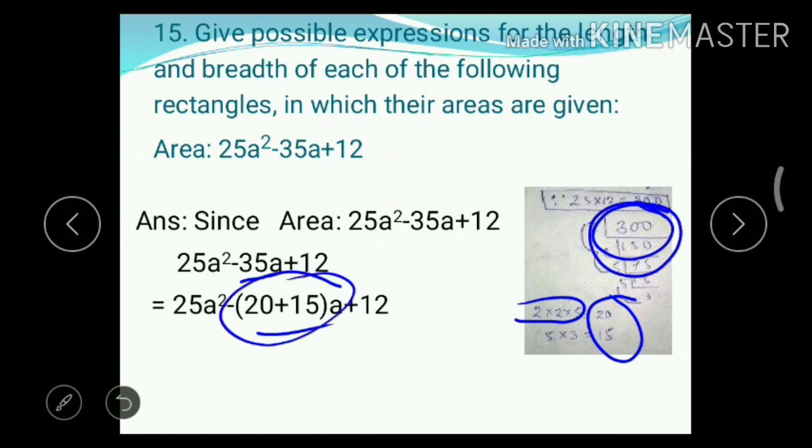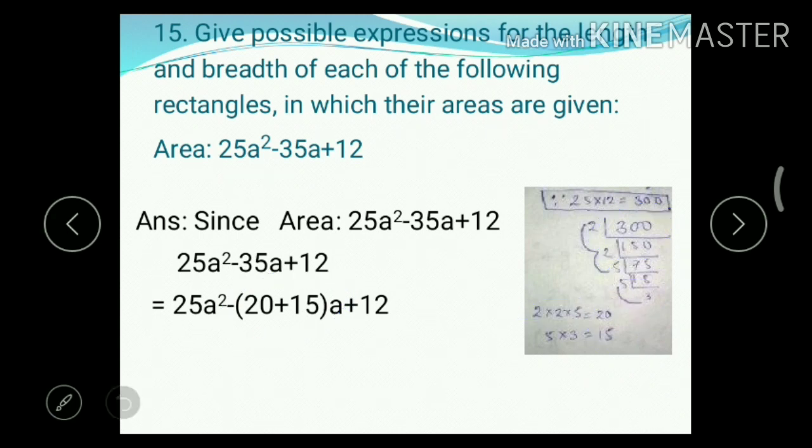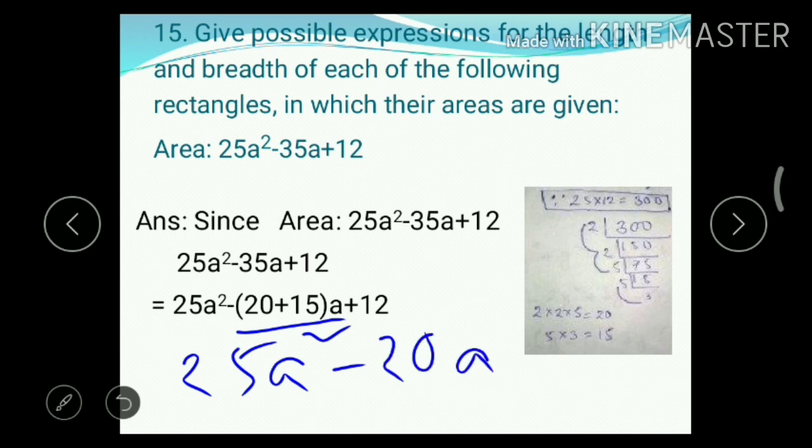Now here we shall remove the bracket, and we shall get 25a square minus 20a, then again minus, because minus plus will give you minus only. So minus 15a plus 12. This much we shall get if we remove the bracket.